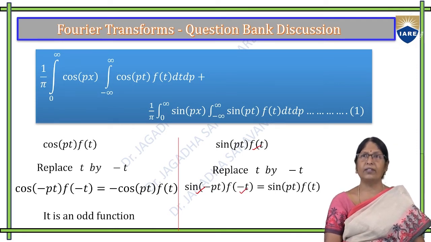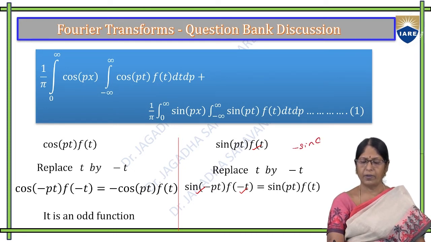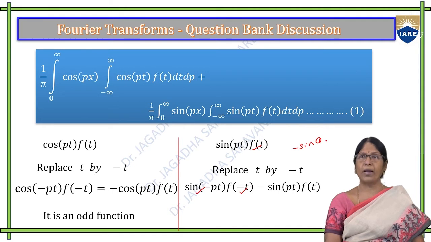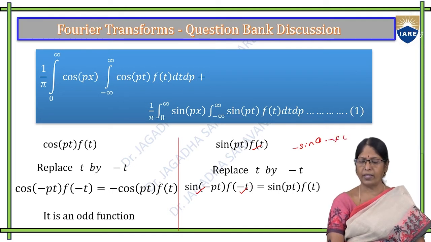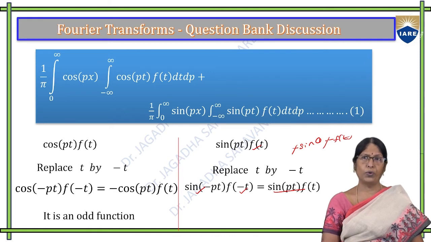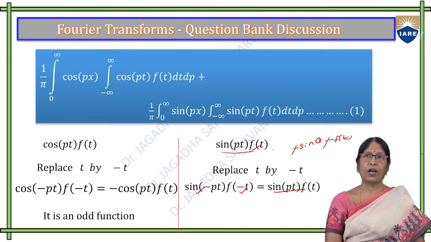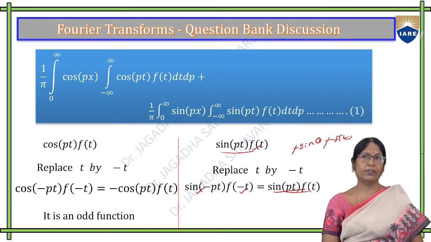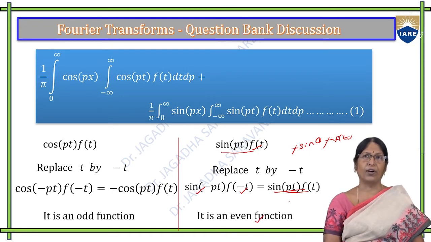Sine of minus theta is nothing but minus sine theta, and f(−t) is nothing but minus f(t). These cancel, so we get a positive sign. So the function we have taken, even after replacing t by minus t, gives the same thing. So it is an even function.